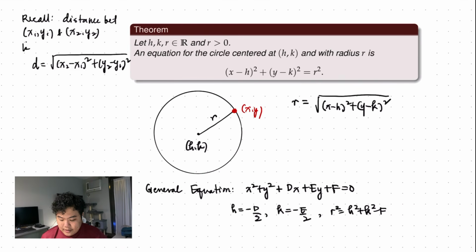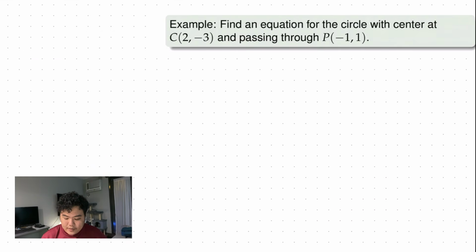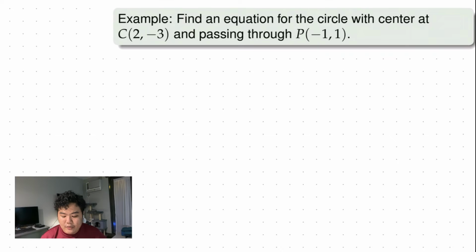So, gawa tayo ng mga examples. So, find an equation for the circle with center na ito and passing through this point. So, ano ulit yung center radius form? So, it's (x - h)^2 + (y - k)^2 = r^2.